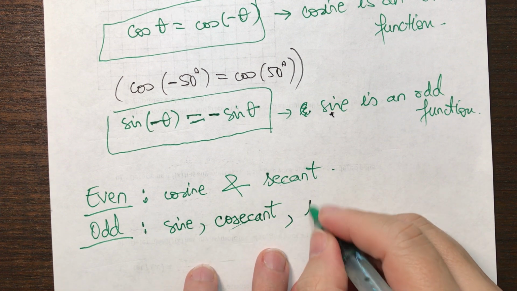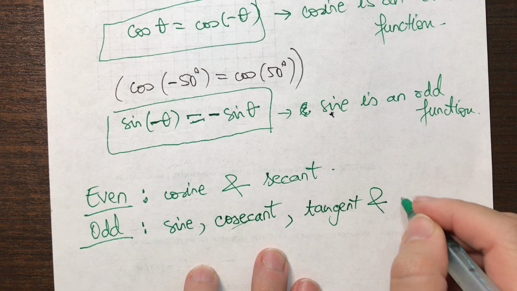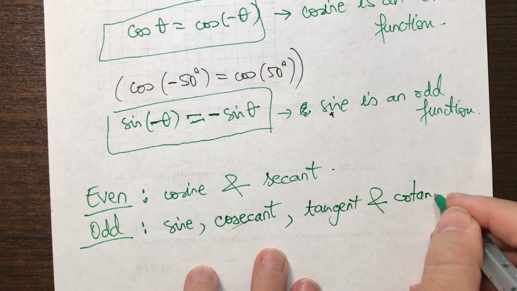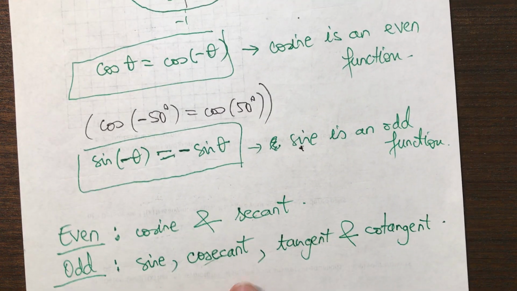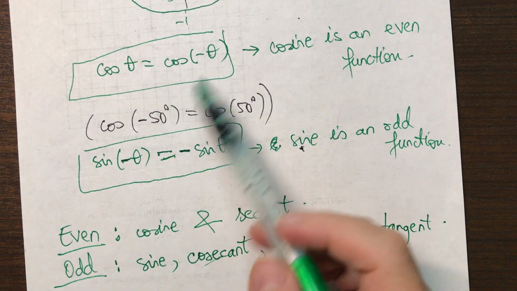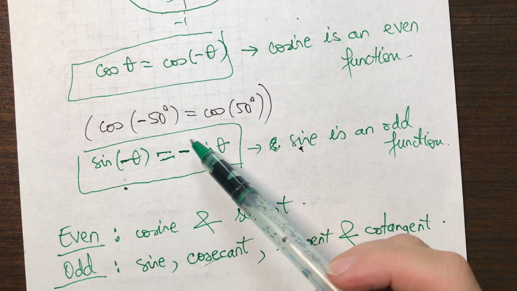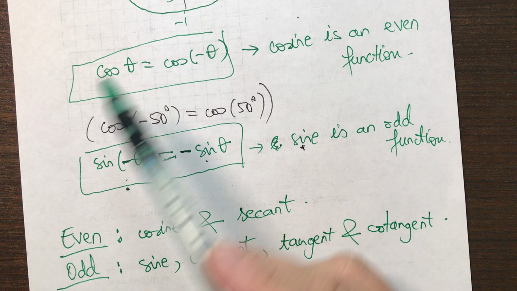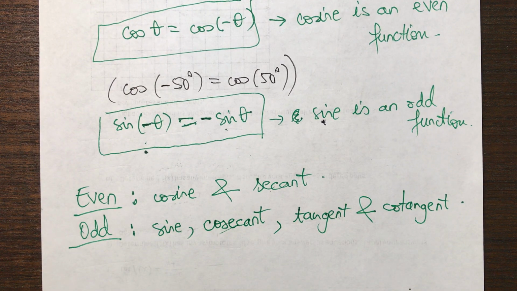And by the way, tangent and cotangent. Again, a positive divided by a negative is a negative. When you plug in a negative theta inside the tangent, it's going to be negative sine over positive cosine, so that's a negative tangent. So only cosine and secant are even. The rest of them are odd.